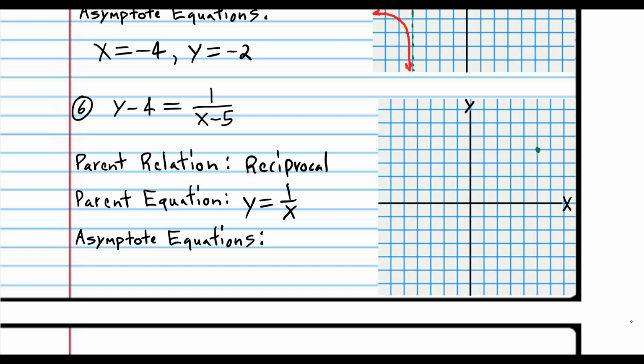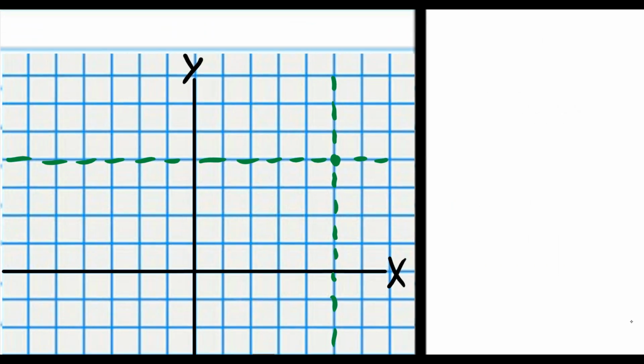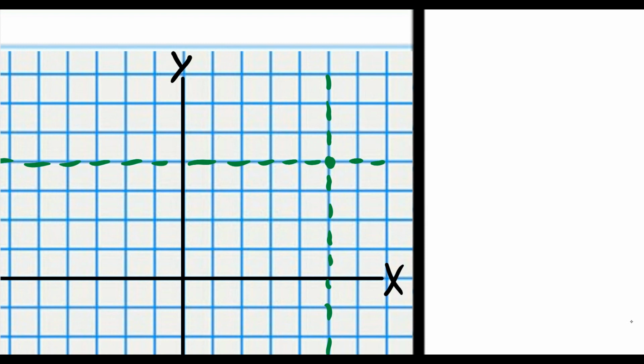We're going to draw vertical and horizontal dotted lines through that point. And we're going to pretend that this is the origin and graph our reference points: (1, 1), (2, 1/2), (1/2, 2), (-1, -1), (-1/2, -2), (-2, -1/2), and connect the dots as usual.